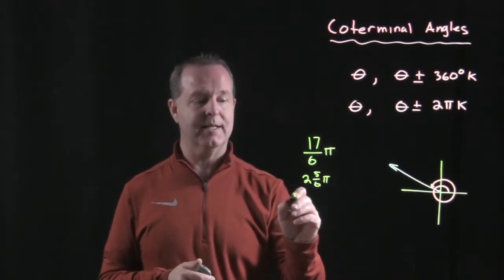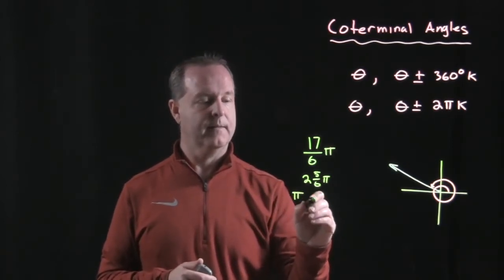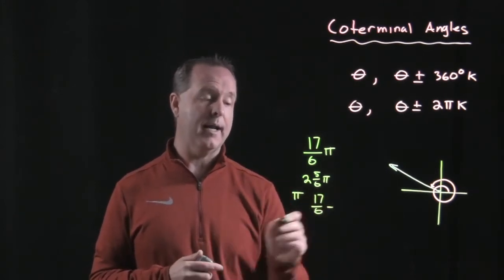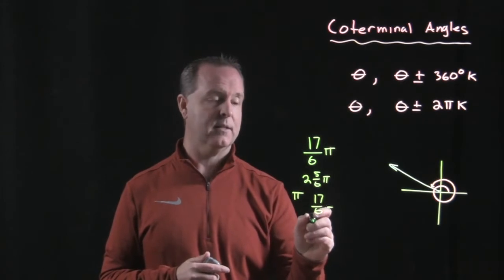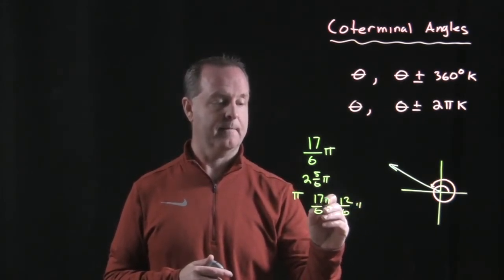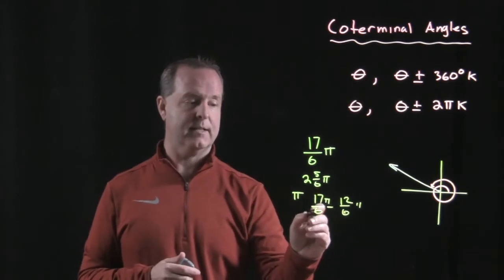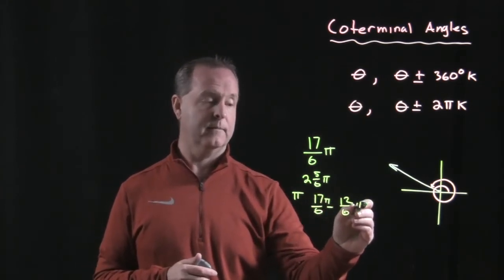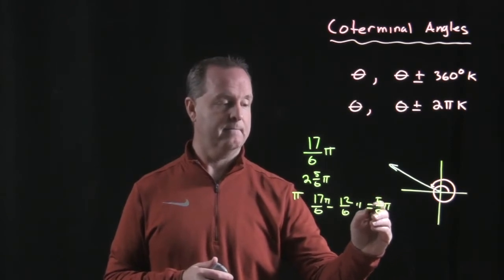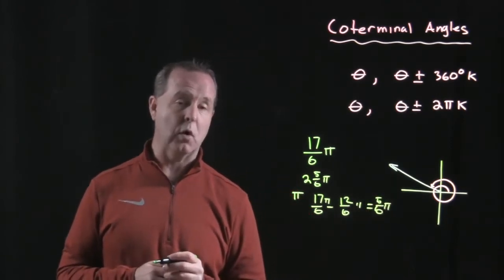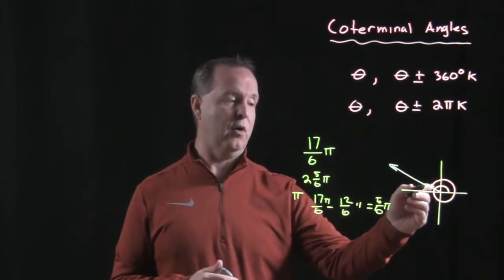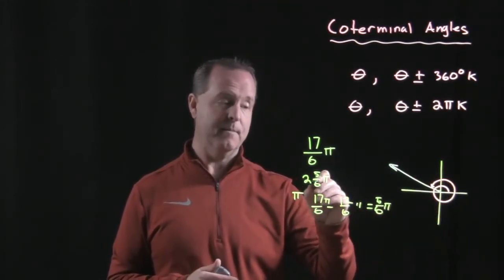So 17/6 pi, take away 2 pi, but I want to have it in terms of sixths, so I'll make that 12/6 pi. So 17/6 pi, take away 12/6 pi, this produces 5/6 pi. So I can see I have a coterminal angle with my first one. 17/6 pi is a full rotation plus some.